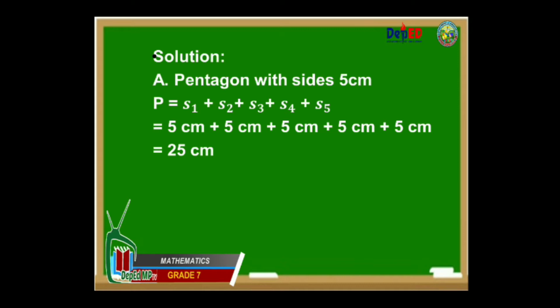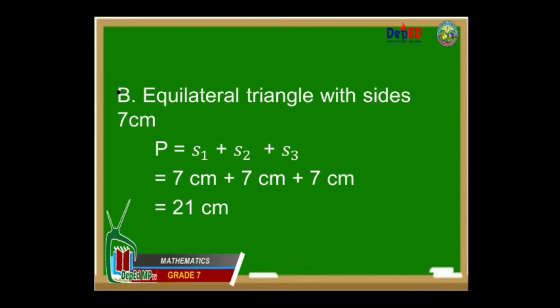The formula is perimeter is equal to side 1 plus side 2 plus side 3 plus side 4 plus side 5. So it is equal to 5 cm plus 5 cm plus 5 cm plus 5 cm plus 5 cm. So the perimeter of the pentagon with sides 5 cm is equal to 25 cm.